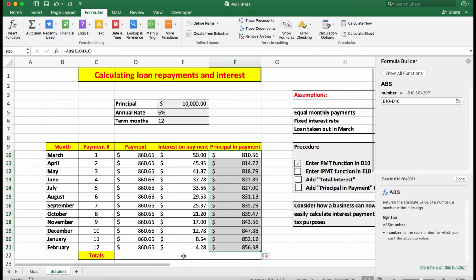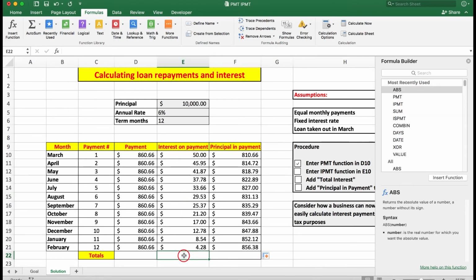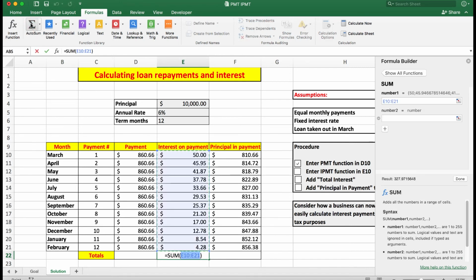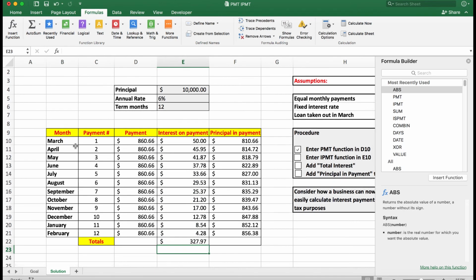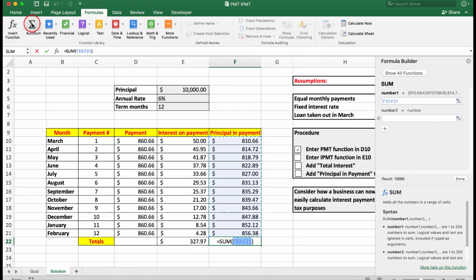Now let's total the amount of interest paid. I'll click down here, and in the home tab, or in the formulas tab, I'll click the auto sum button. Looks up the column. Yes, guessed correctly. I've paid a total of $327.97 in interest, and again we will auto sum the principal.